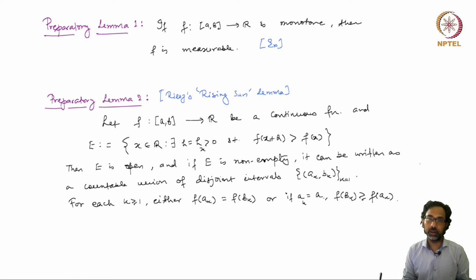The second preparatory lemma that we need is a very useful result called the Rising Sun Lemma, and it is due to Riesz.